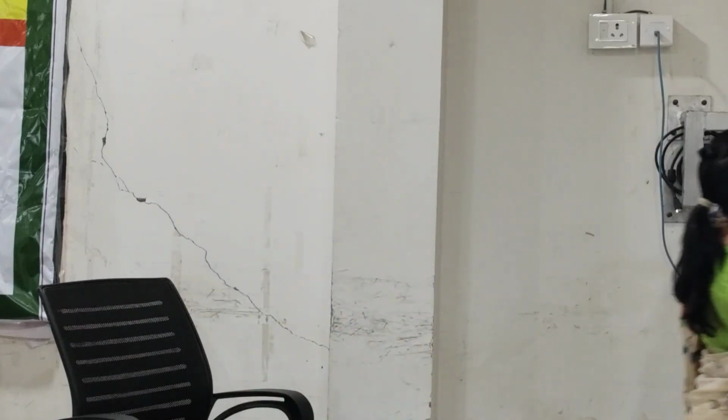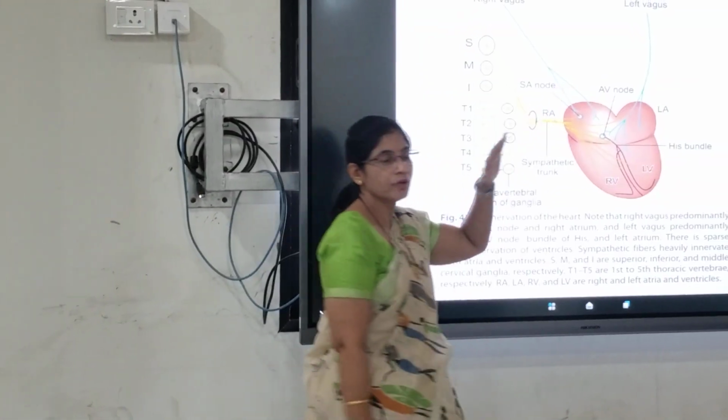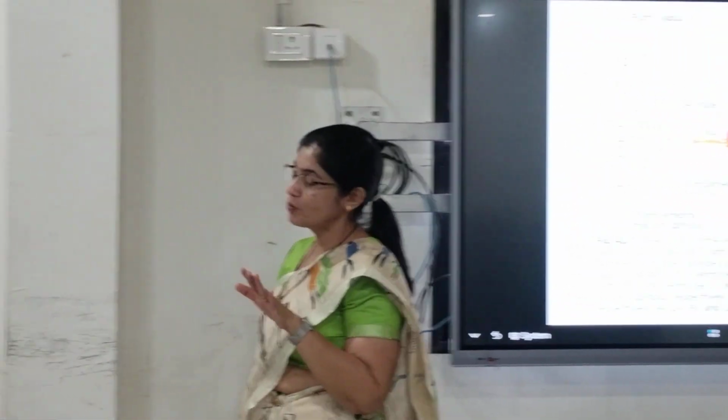The vagus is part of the parasympathetic nervous system and it generally inhibits the heart rate. If you cut the right and the left vagus, your normal heart rate of 72 beats per minute will increase up to 200 beats per minute. So the normal function of the vagus is to check the heart rate.